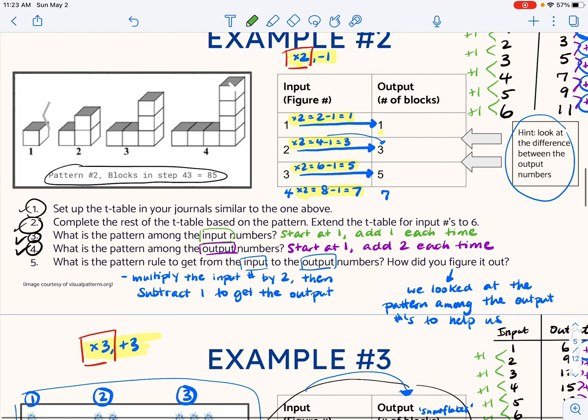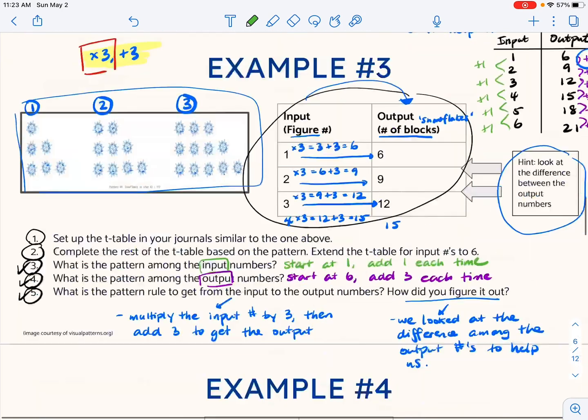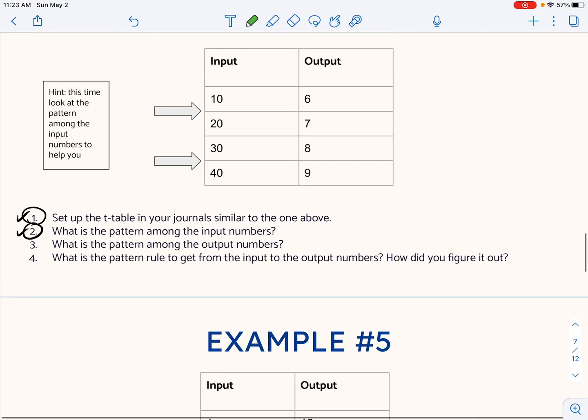If you notice this time, the input number is starting at 10. And what we're doing is, I'll just do it on this side here, we're adding 10 each time. So to get from 10 to 20, you add 10. To get from 20 to 30, you add 10. And from 30 to 40, you add 10. So the pattern among the input numbers is you start at 10 and add 10 each time.